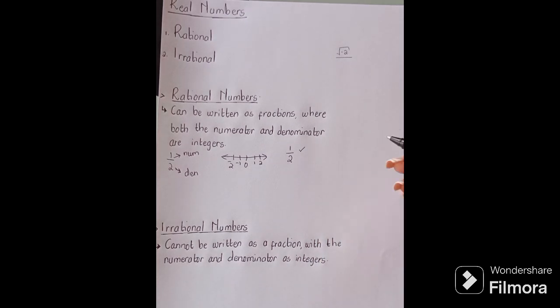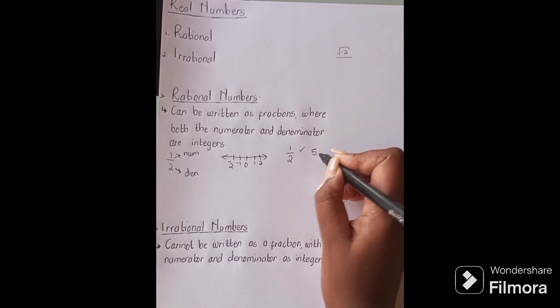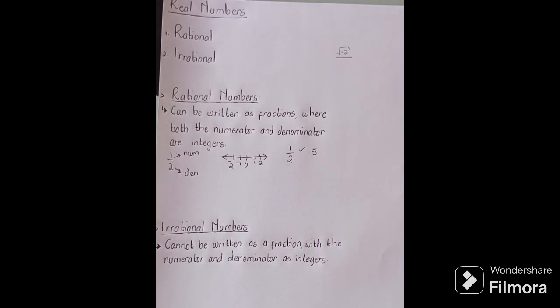Okay, so let's say we have 5, and the question will be, is 5 a rational number? Someone would be quick to say no, 5 is not a rational number because it is not a fraction. But the definition says the number can be written as a fraction.